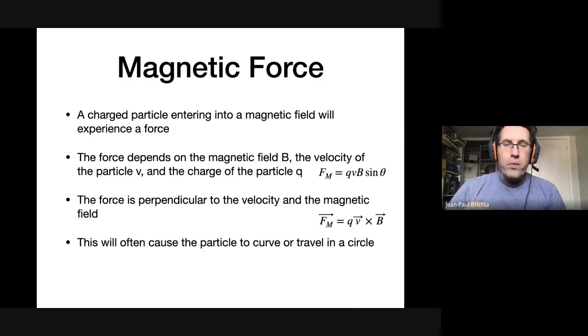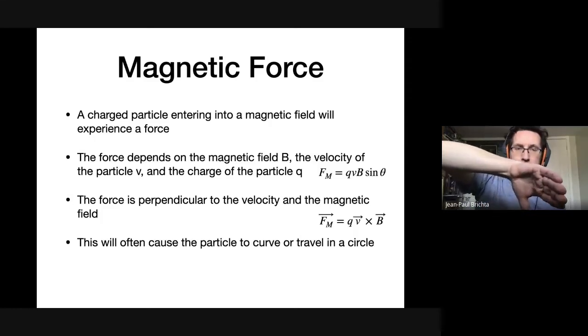Now, what might not be obvious is that if this is my velocity vector like so, and this is my magnetic field down, then the force will be in the direction of the palm of my hand, so into the camera in this case. And so my particle will experience a force that will make it curve like this.